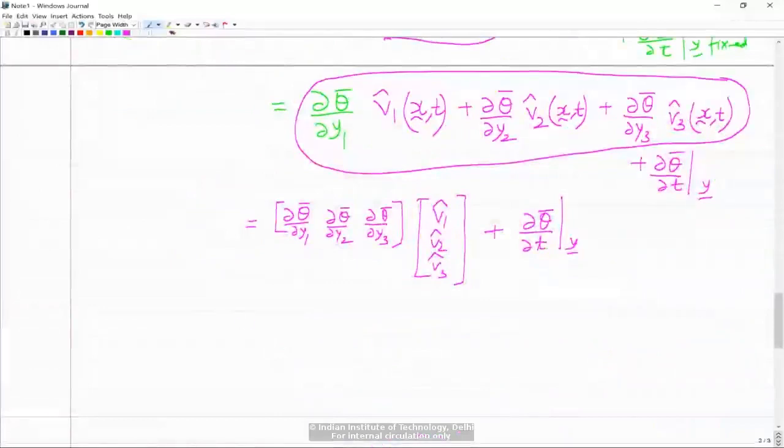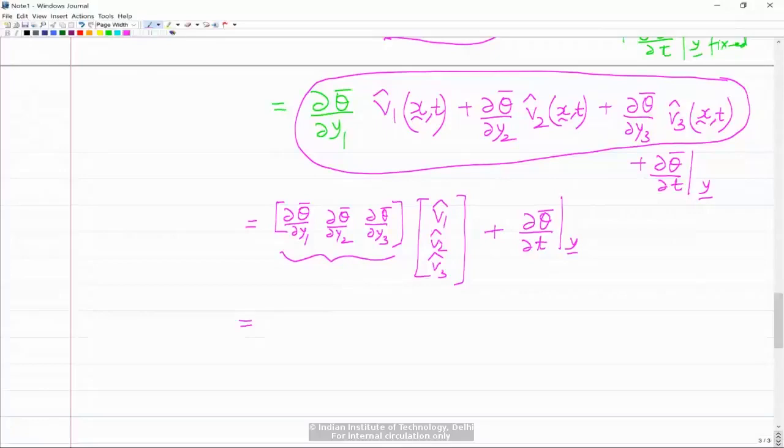Now, again, what is this thing over here? The first thing, isn't this the gradient of theta bar? But which gradient? Is this the Lagrangian gradient or the Eulerian gradient? Anyone? Okay, several people are saying Lagrangian gradient.